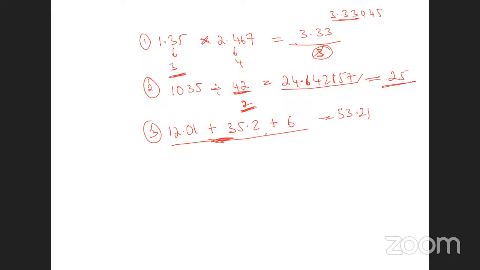So in addition, we keep the final number to match the one with the least decimal. Remember. So this one has no decimal. So our answer should not have any decimals, which means I will have 53. Because this is 2, I round it down, 53.